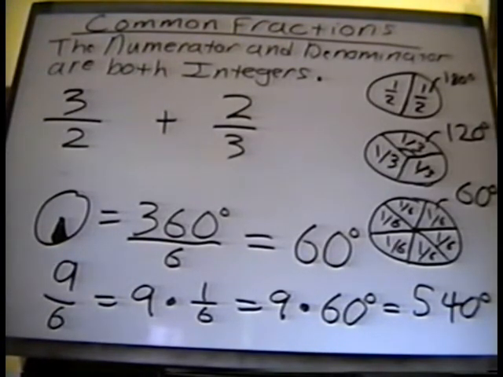Remember, 3 halves equals 540 degrees. 3 halves of a circle, if we're talking about circles. But that's to show you that 3 halves is equivalent to 9 over 6. Okay?